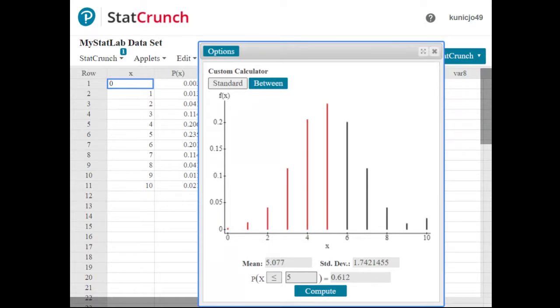So what we have is 5.077, that's the mean, x bar, or mu is actually mu, plus twice sigma. So 2 times 1.742 is 8.56.